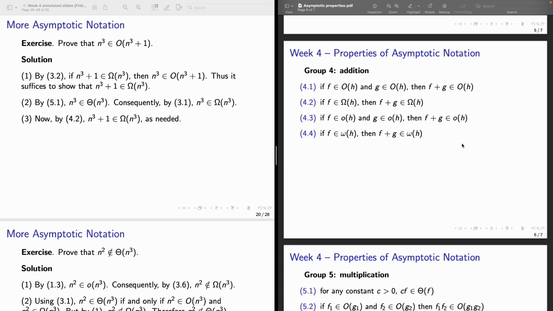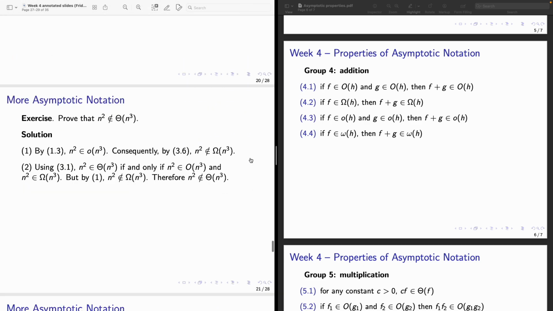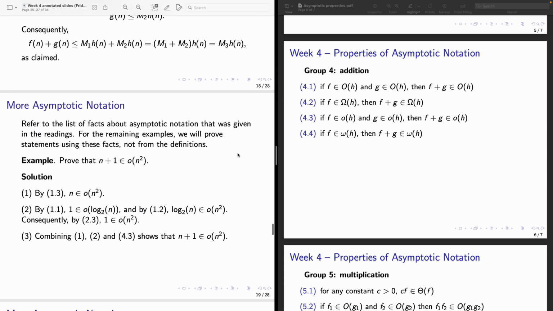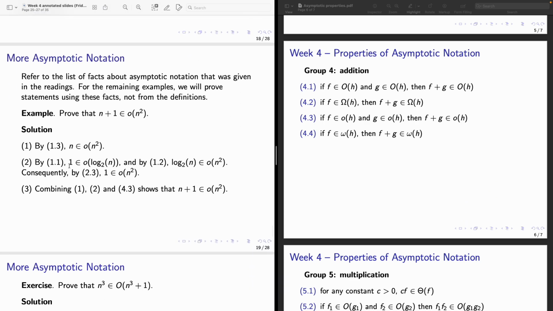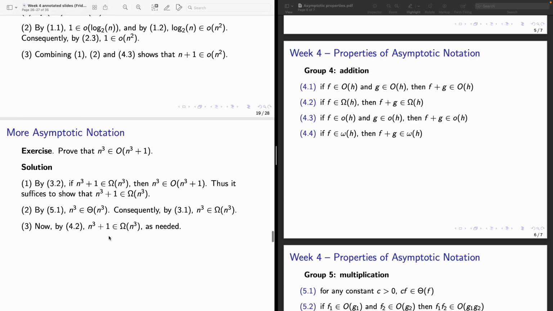And then we use a similar sum rule from last time. We know that 1 is in n cubed. I guess that's not really justified in this example. I don't really like that. For full marks, I would rather have you specify that 1 is in big omega of n cubed.